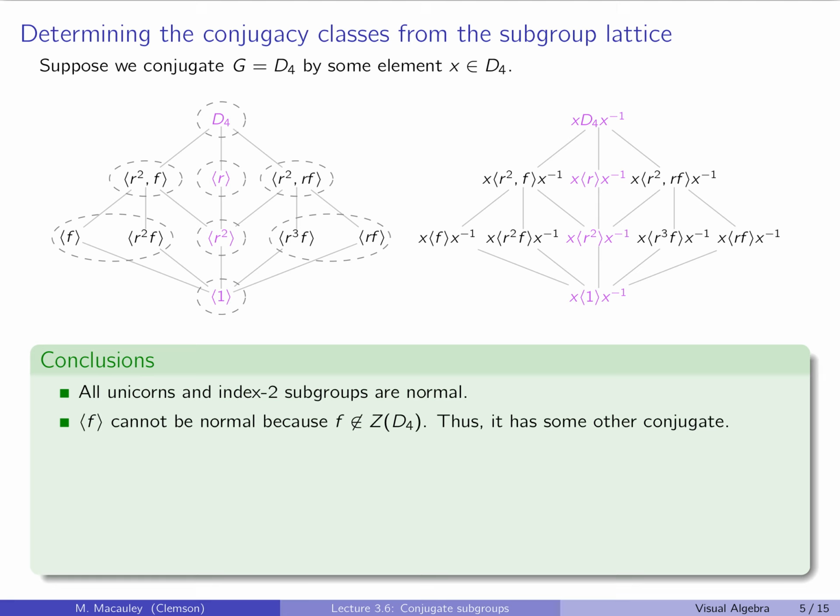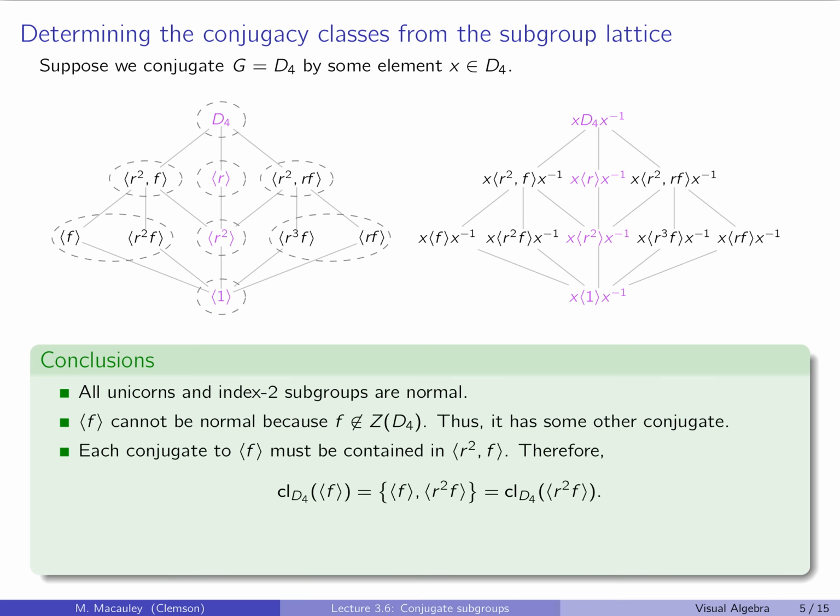We said that the subgroup generated by F cannot be normal because it's not central and order 2, so it has some other conjugate. However, each conjugate of this subgroup must be contained in the normal subgroup that contains it, so there's only one other possible conjugate buddy, because this one is normal. Therefore, the conjugacy class containing this subgroup has size 2.